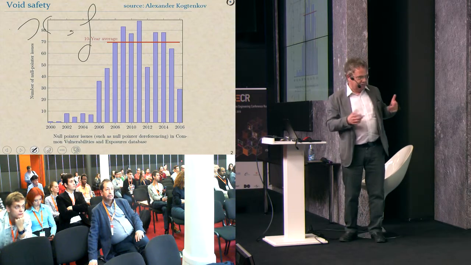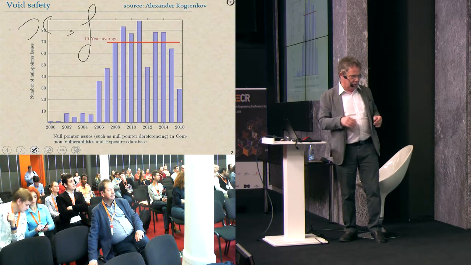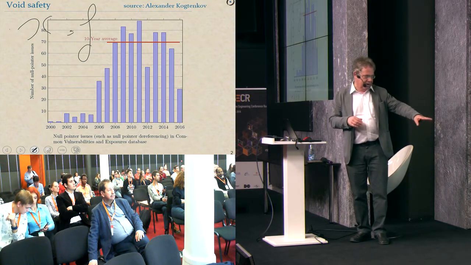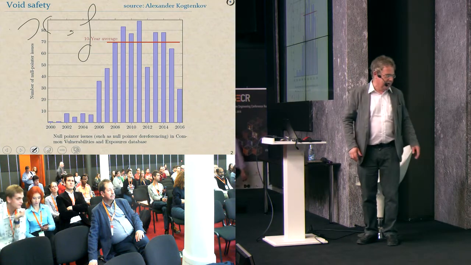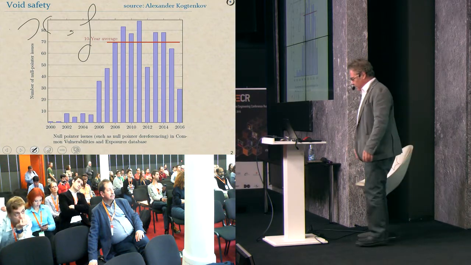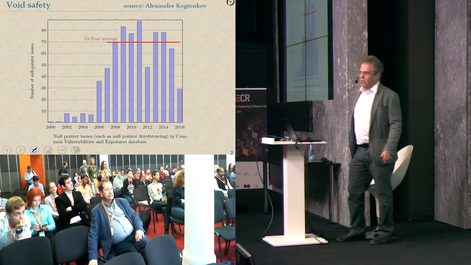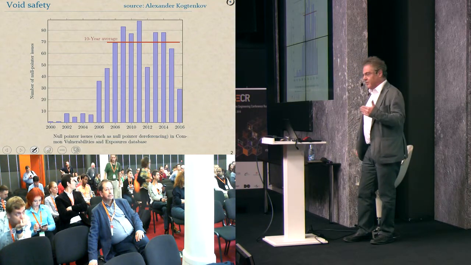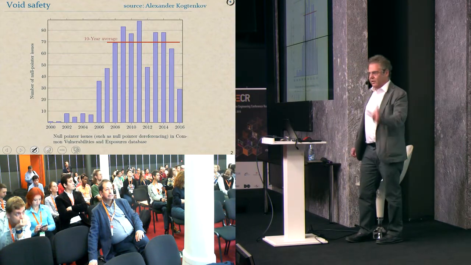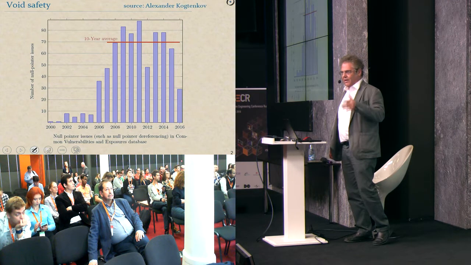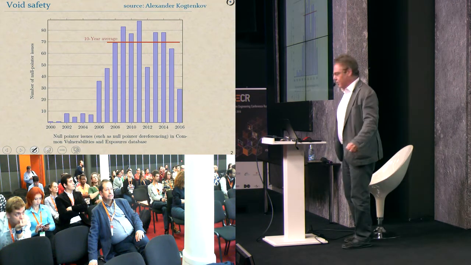Just to point out that this is a real problem, Alexander went into the records of the main security vulnerabilities database, the Common Vulnerabilities and Exposures database, and found that a significant number of crashes and security attacks, some with really serious consequences, are actually connected with void-unsafe code, as we call it, a null pointer dereferencing.